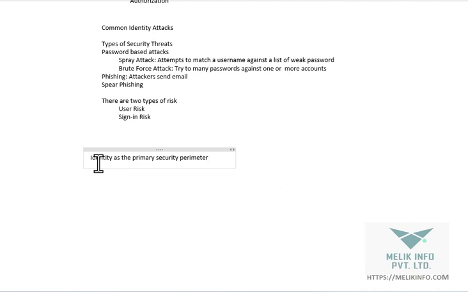Identity is how someone or something can be verified. Identity means verifying who you are, which is done by authentication.